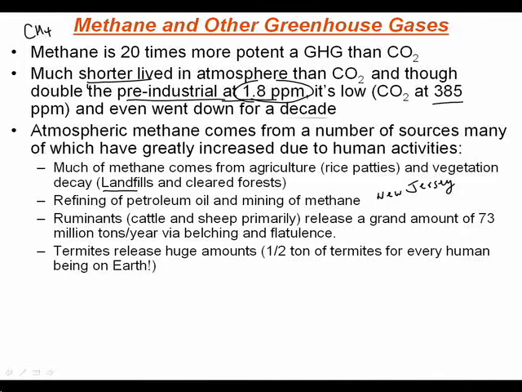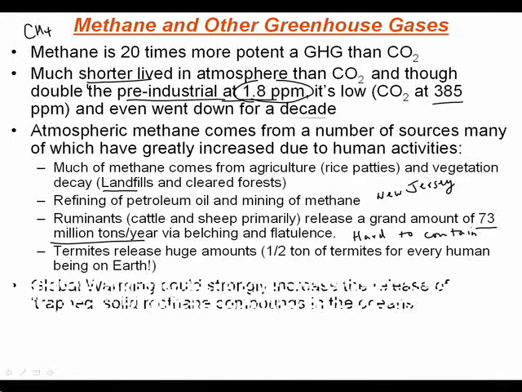Ruminants, animals that chew cud and grass, put off huge amounts of CH4 by belching and flatulence. You can't really put a plug in them. Hard to contain, let's say that. And termites release huge amounts. There's half a ton of termites for every human being on Earth. I did not know that.